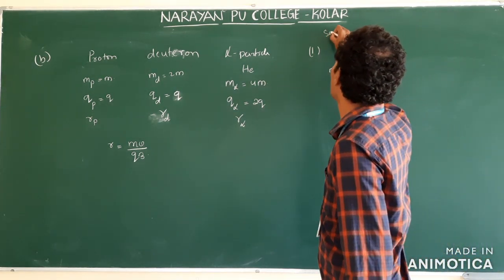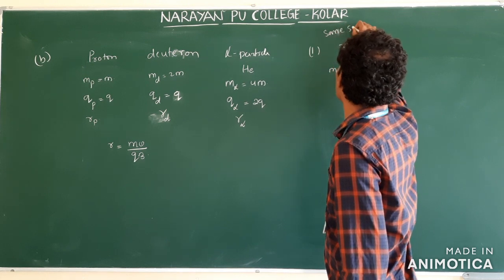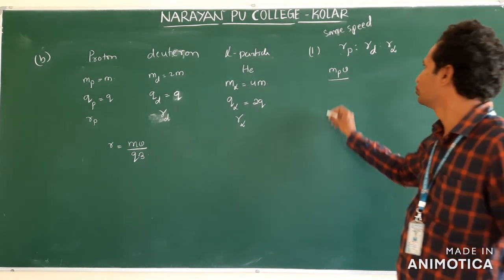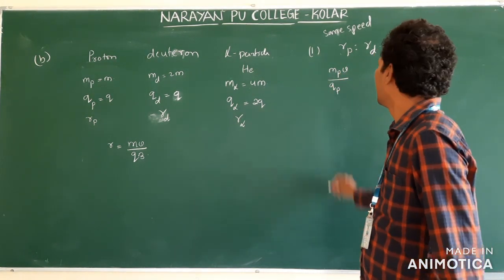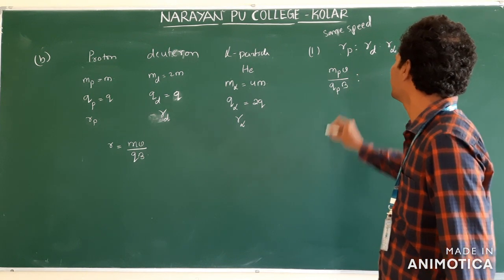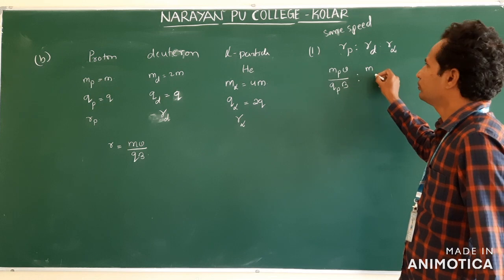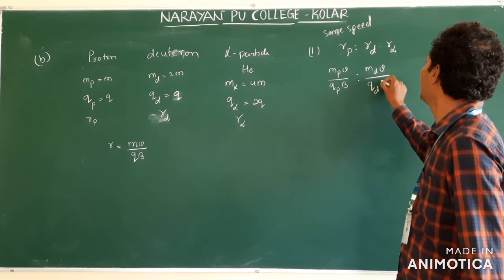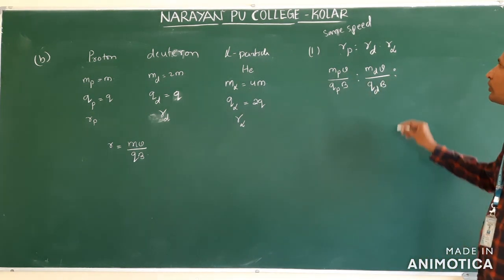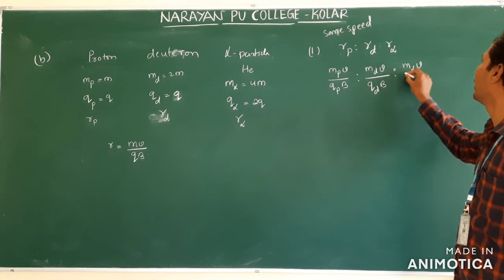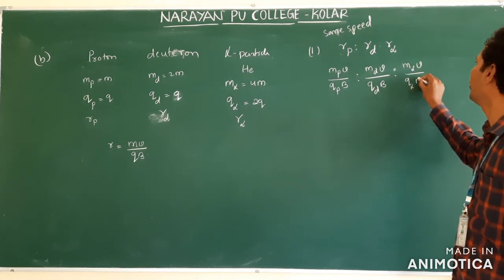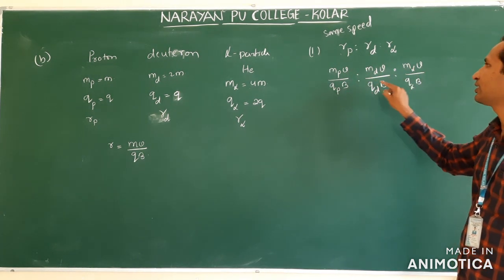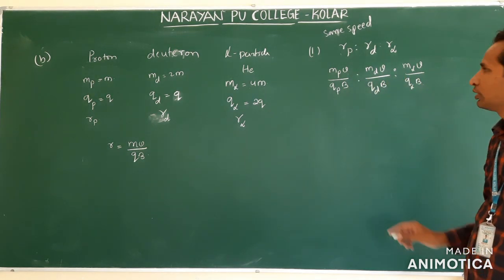The first question is same speed, meaning velocity is the same for all three, by qp, and B remains the same, is to md v by qd B is to m alpha v by q alpha B. V remains the same, that's what I have written. B remains the same. If they change, you can change.